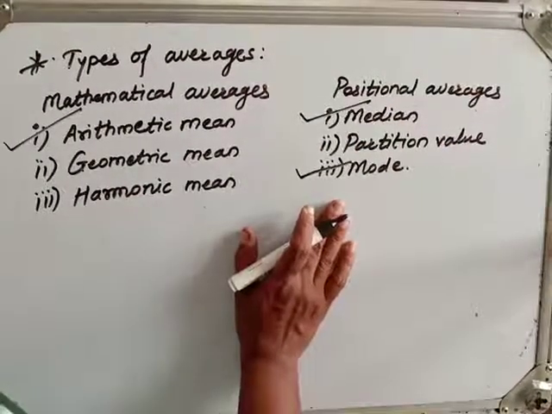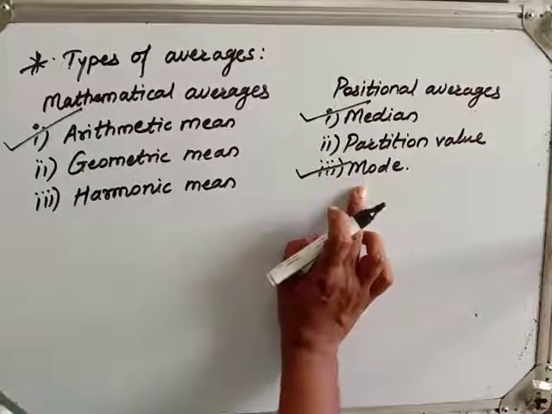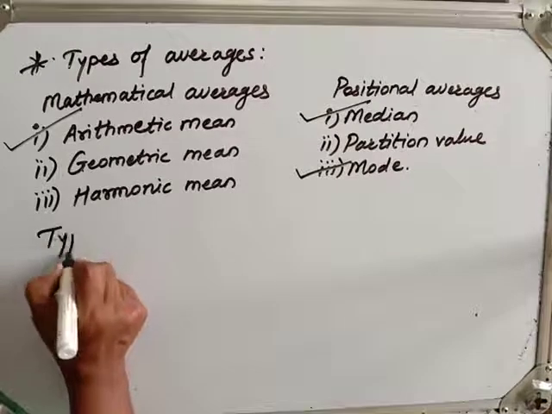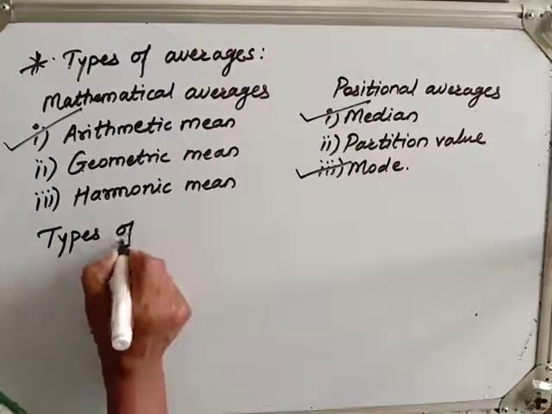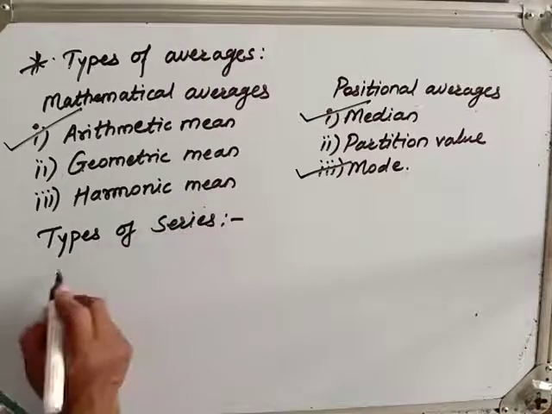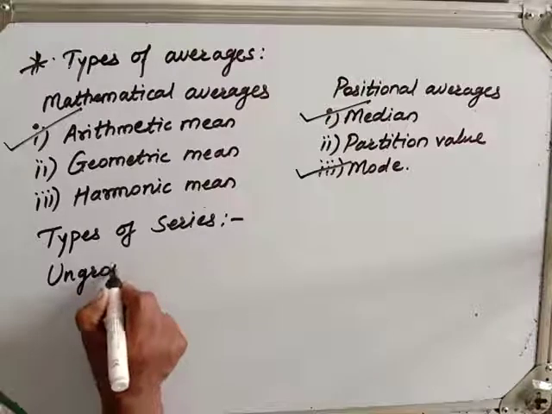So now before going towards the arithmetic mean, median and mode, let us see some basic thing, that is types of series. Now in the types of series, actually there are ungrouped data.